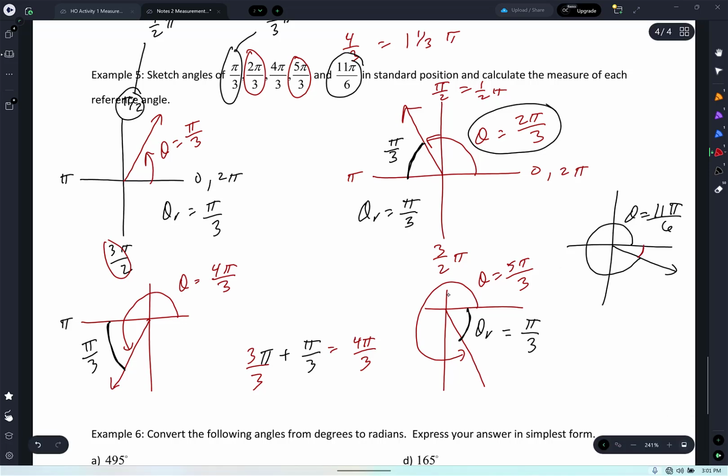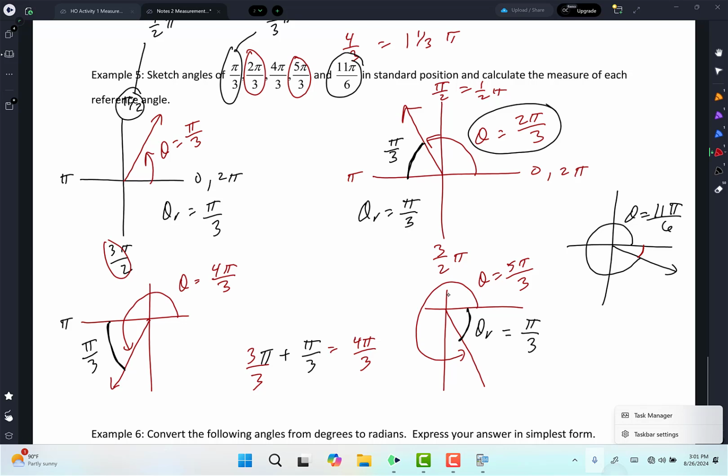Yeah, very close. What would make this fill up to 2 pi? 11 pi over 6 plus what? Plus 1 pi over 6. Do you guys see that? Because 11 pi over 6 plus 1 pi over 6 is 12 pi over 6. 12 divided by 6 is 2. Cool or not cool? Cool. So the reference angle on this one is 1 pi over 6. Good job, guys.